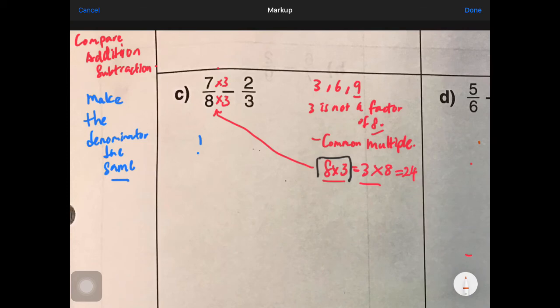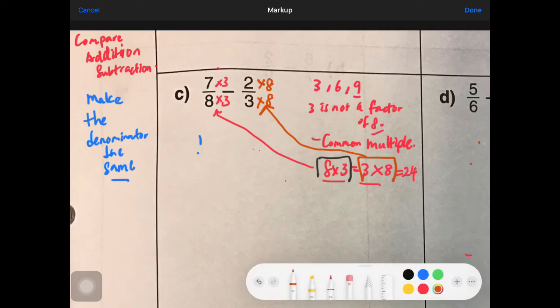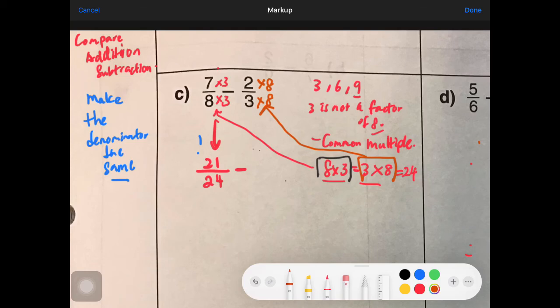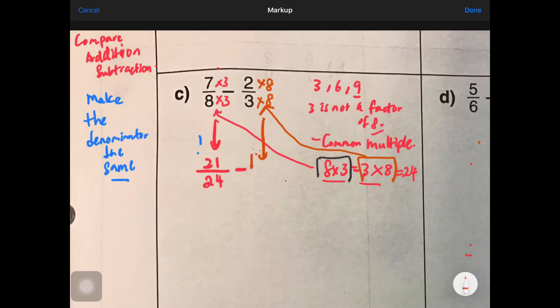And for the other, 3 times 8, same for the numerator. You need to be fair to all of them. So 7 times 3 is 21. 8 times 3 is 24. Keep the minus sign. 8 times 2 is 16 over 24.